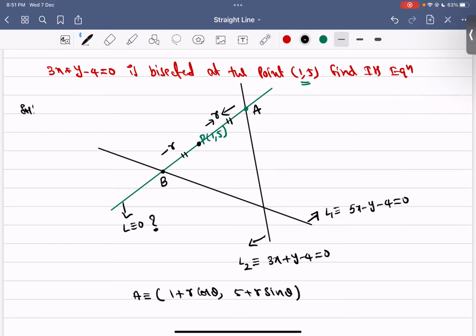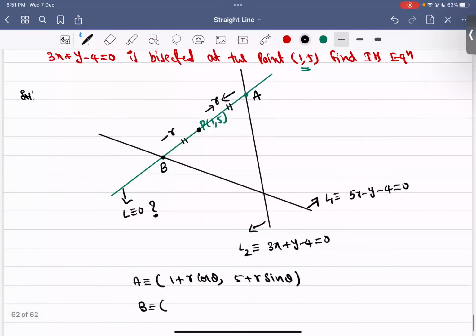So these are the coordinates of A. Next, what are the coordinates of B? Bisected means this distance and this distance are the same. That's why r is taken relatively upward positive, relatively downward negative. So B coordinates are 1 minus r cos theta, 5 minus r sin theta.